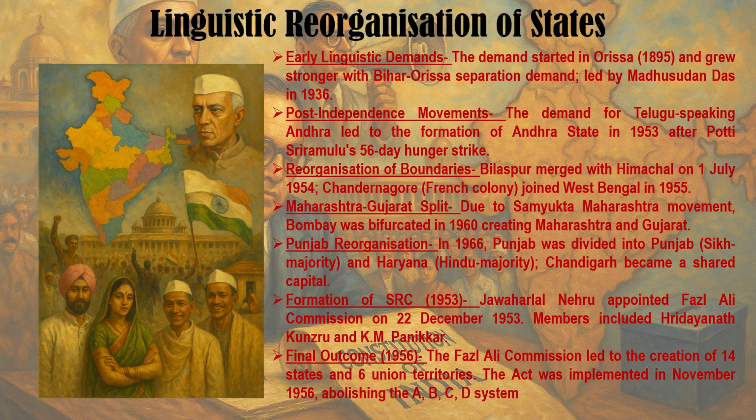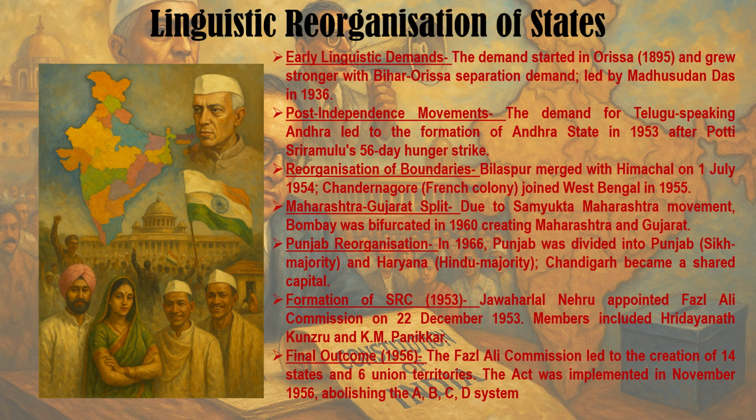So, in 1956, mainly language or linguistic reorganization of states was done, according to which there were 6 union territories and 14 states. The act was implemented in November 1956.